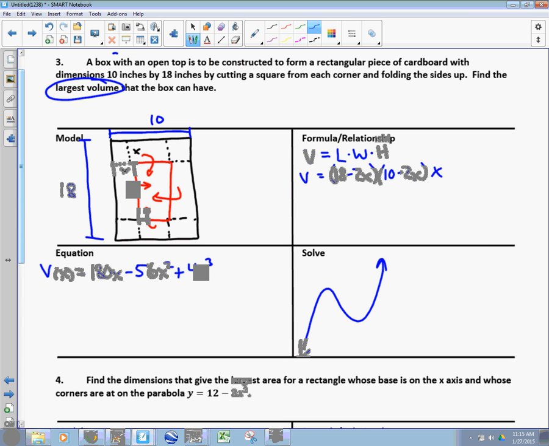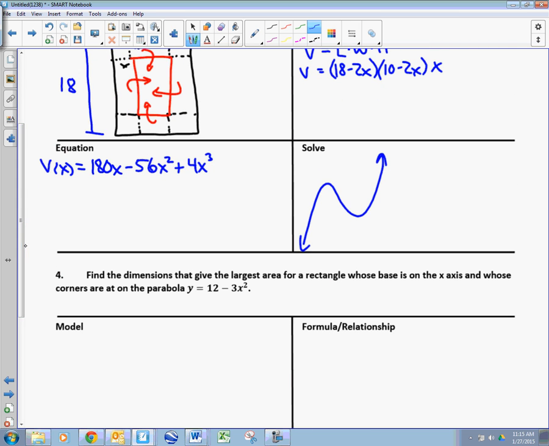What's the largest square I could cut off? 5. 5 would be the largest, because if you cut off 5 from this side and 5 from that side, that would be all of the 10. You would have nothing left to fold up. Okay? So, 5 is the largest value. Everything has to be between 0 and 5, so we know that. So, let's take the derivative. V prime of x, set it equal to 0. What's V prime of x?